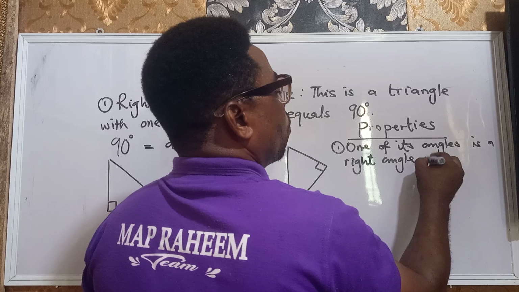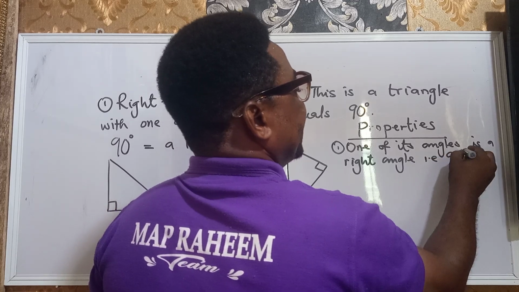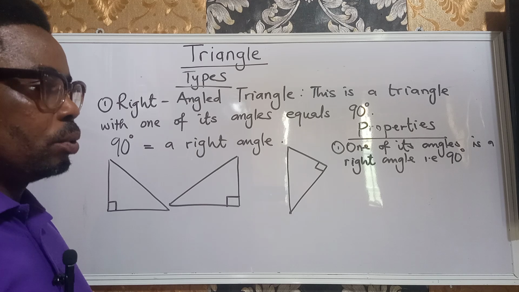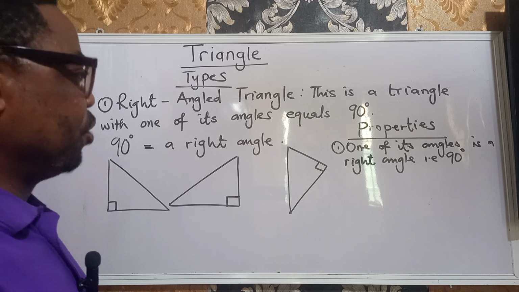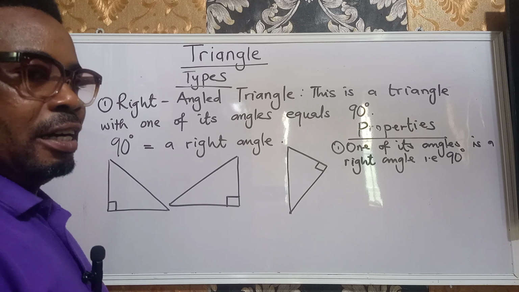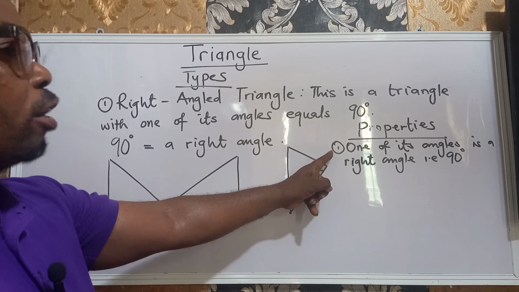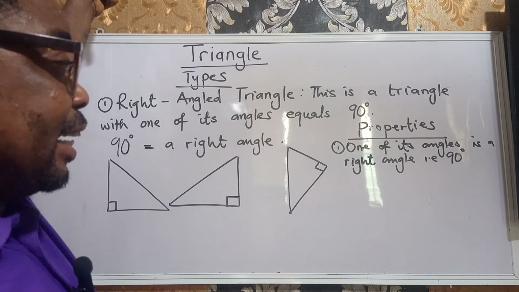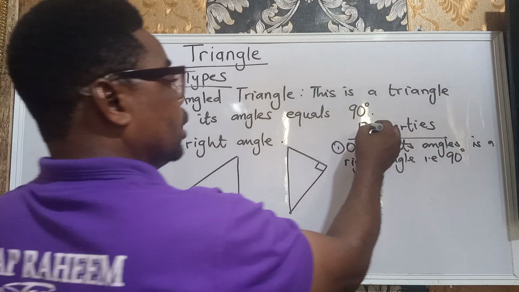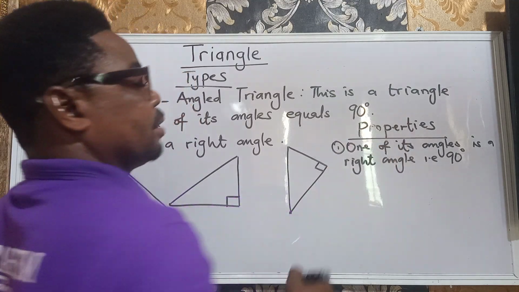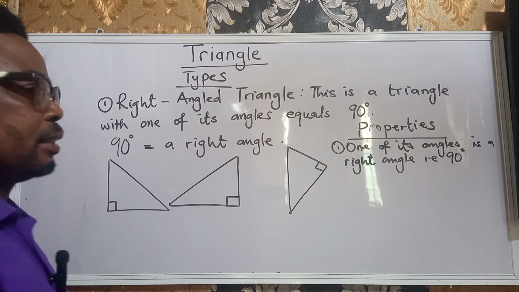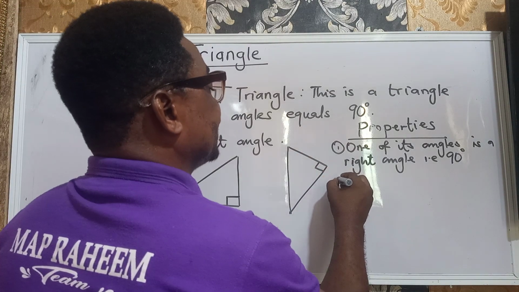That means one of its angles is 90 degrees. So you have gotten one more to the three properties we had in the general properties of a triangle, making 4 properties. You can add one more in case you need 5.